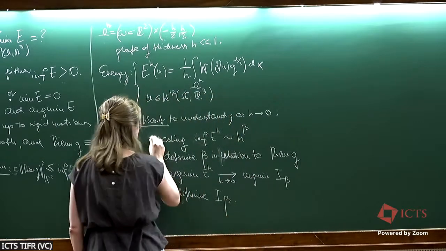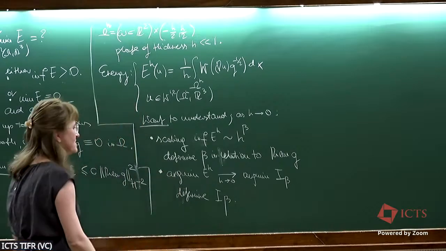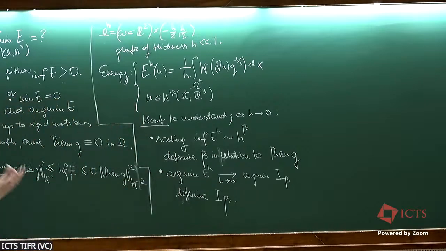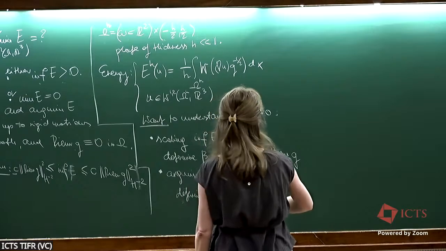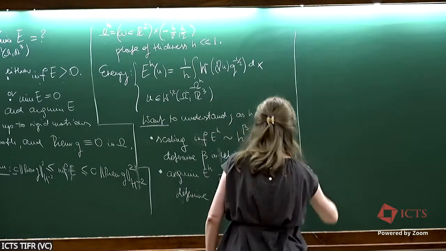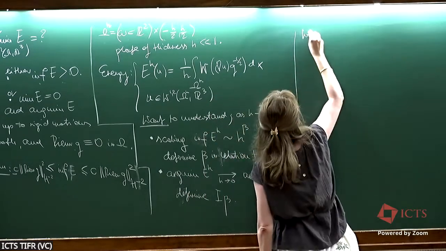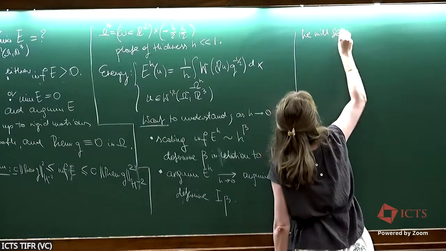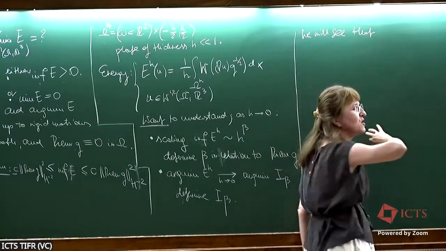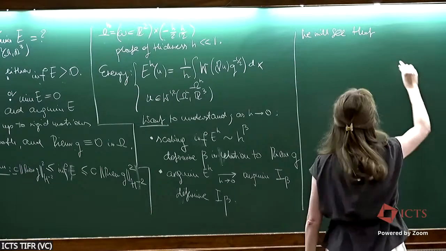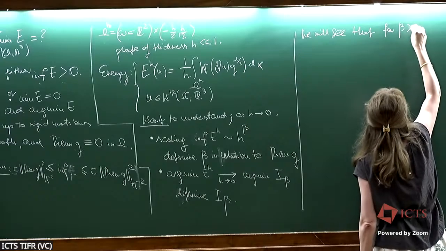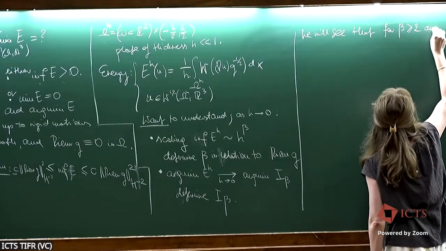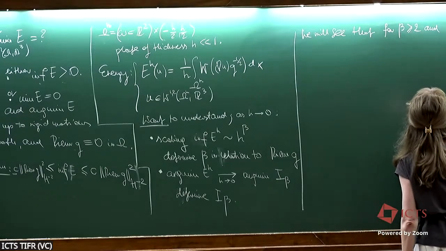Okay, so these are the two points that are of interest to me. Just to anticipate what's going to happen, we will see that the story is completely resolved for beta greater or equal than 2 and beta less than 1.